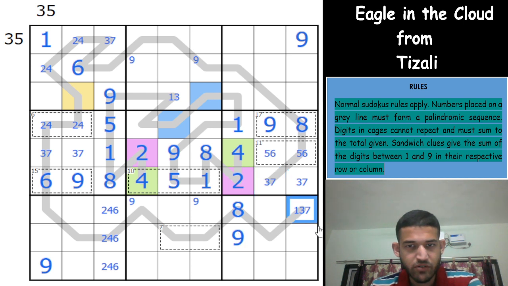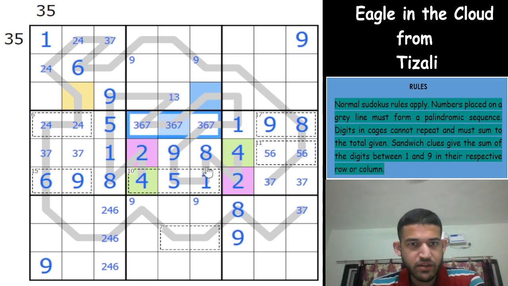which means this would have to be a 3 7 using palindrome, and I can complete this box now. 3 6 and 7 they would have to be, and blue cells are equal, so 3 6 7.